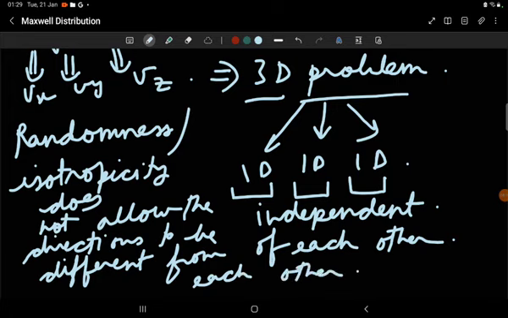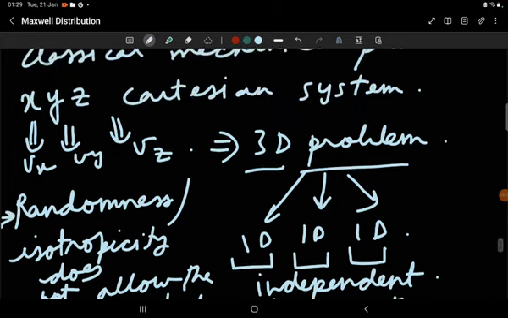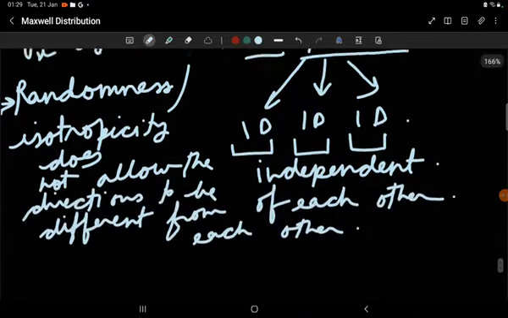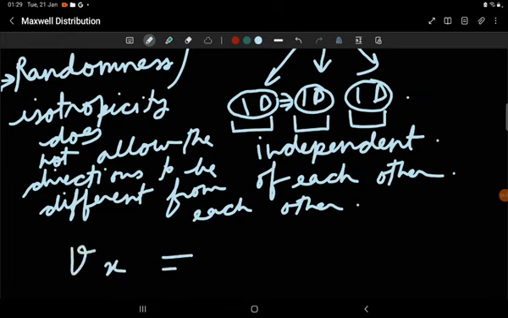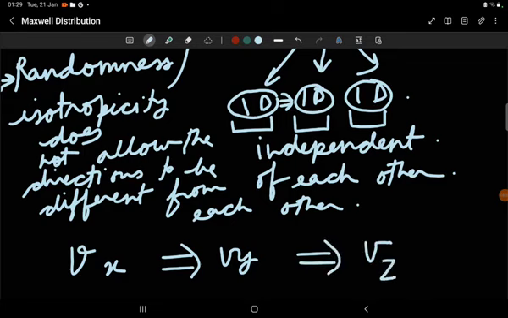Why this is an important point is because whatever we solve for one dimension will automatically be true for the other two dimensions, that is, the other two components of velocity. So whatever we solve for Vx will automatically be true for Vy and for Vz, because of our assumption.